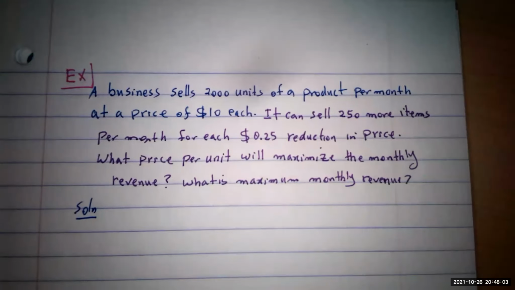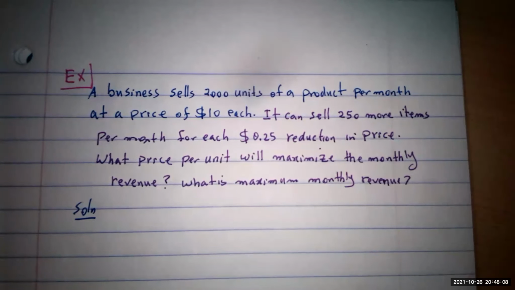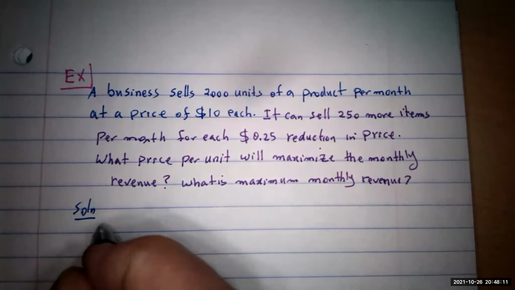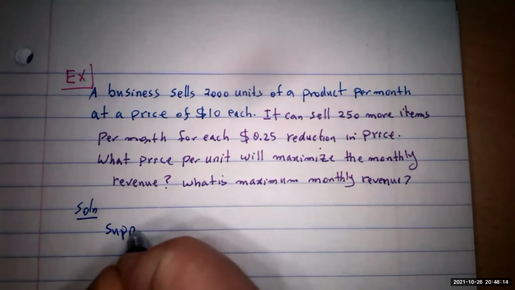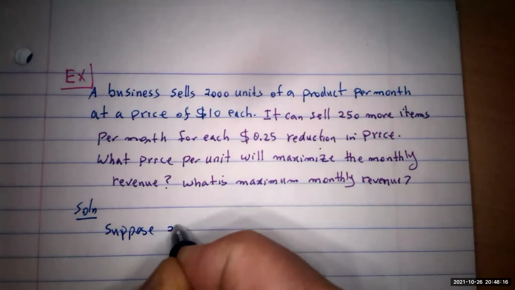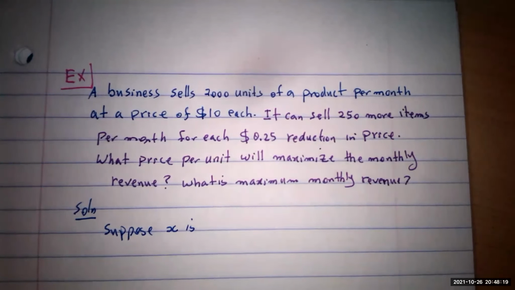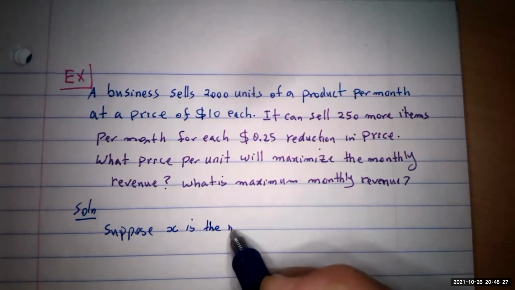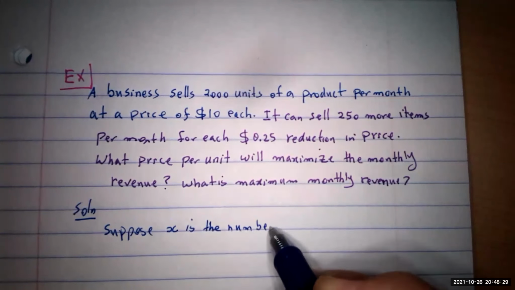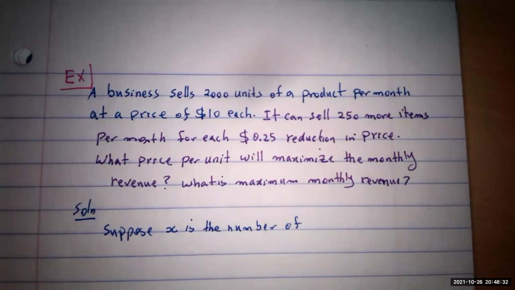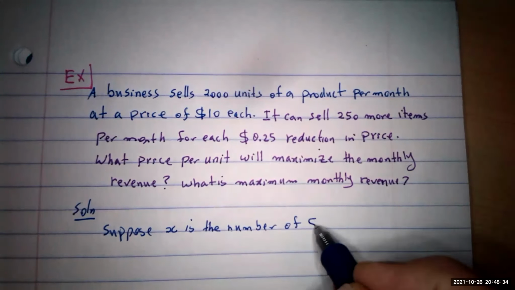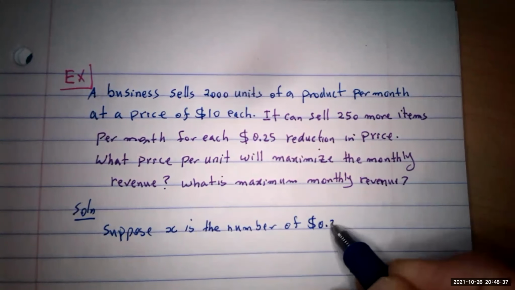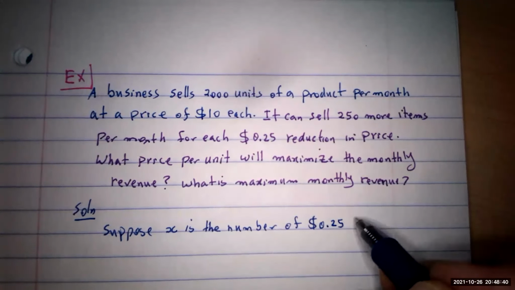You have to take the x. The variable is going to be the number of times that you are going to reduce your price. So x is going to be the number of 25 cents reductions in price.